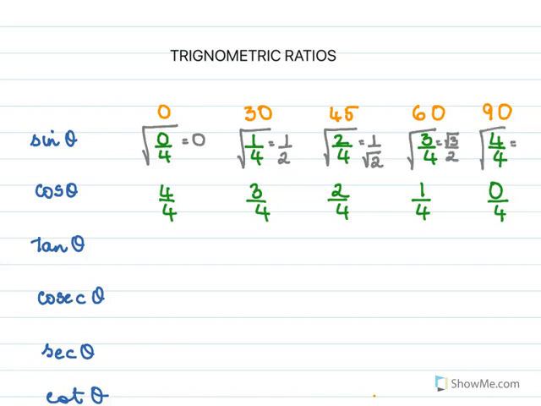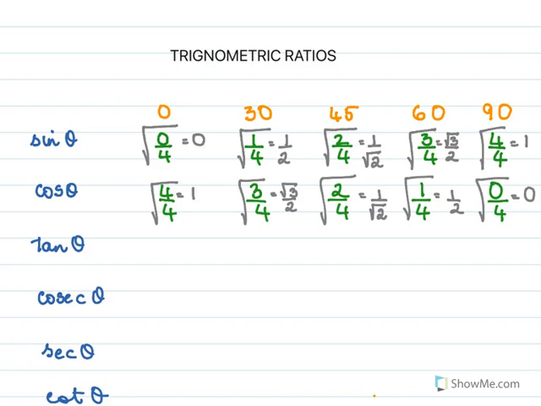The square root of 4 by 4 is 1, so this is the answer.